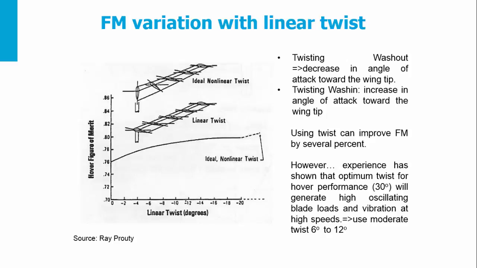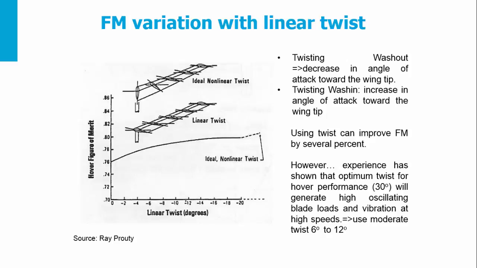You see that we are twisting the blades nose down, so we have a minus twist. So you can see that going from a linear twist of 0 degrees to a linear twist of minus 20 degrees, it improves the figure of merit from 0.76 to 0.79.